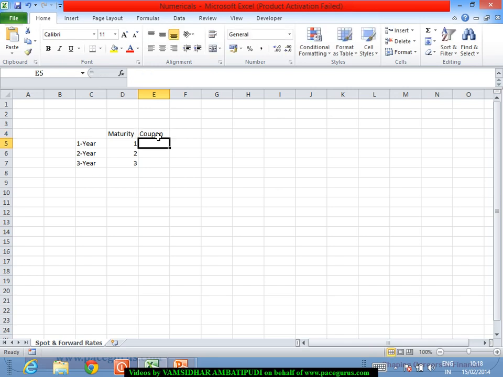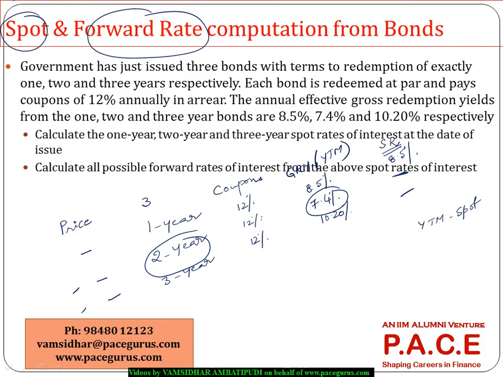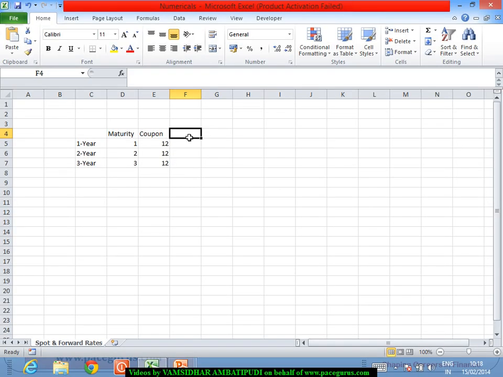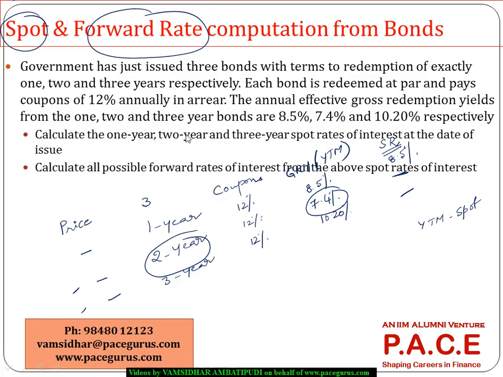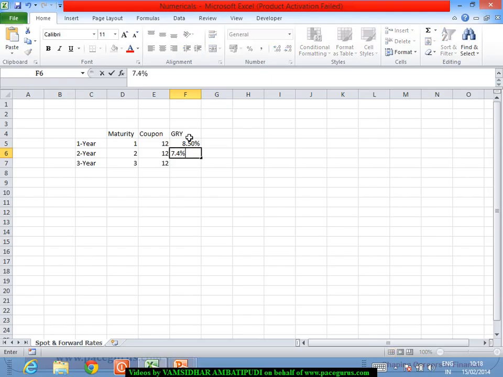Assuming that the face value is 100, the coupon in all the cases is 12%, but the gross redemption yield differs in each one: 8.5% for the first one, 7.4% for the second, and 10.2% for the third.